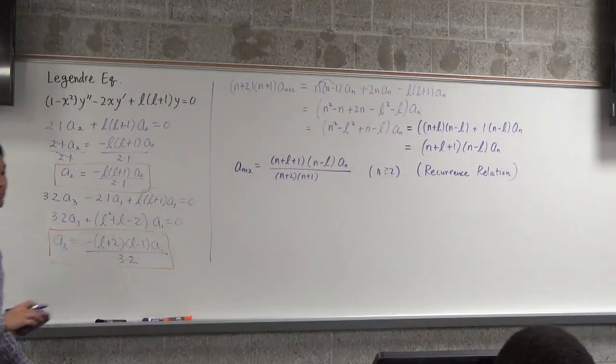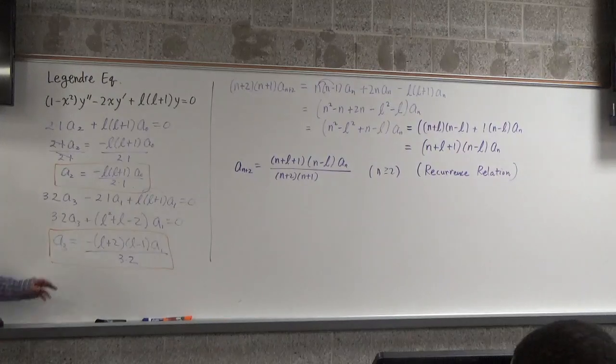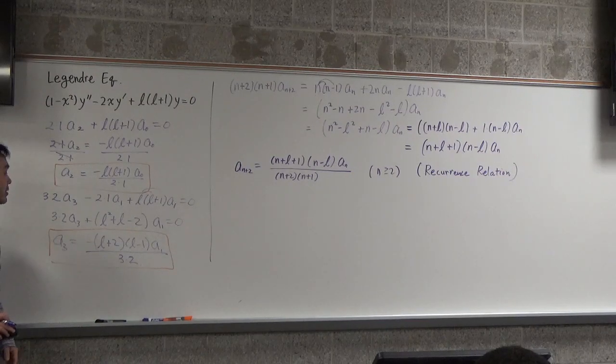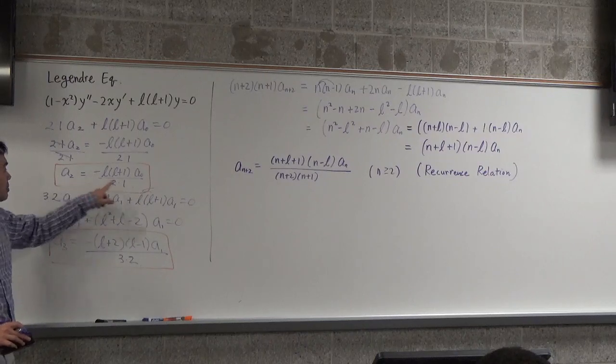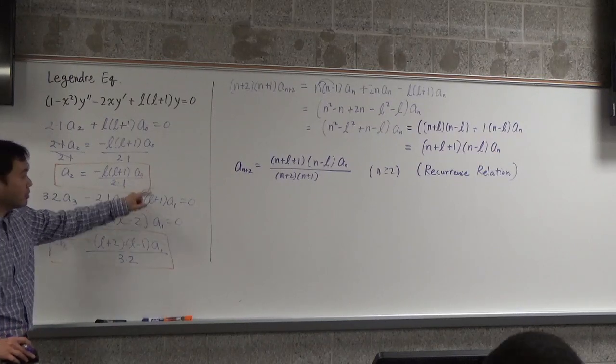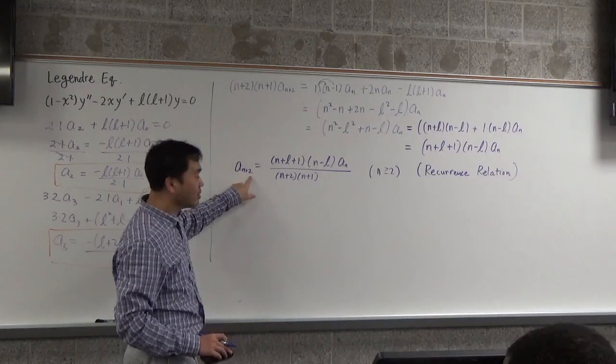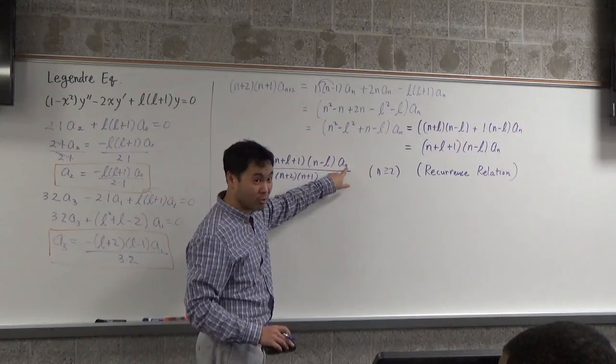All right. But we're not done yet, because we still need to use the recurrence relation to figure out what a4, a5, a6, and so on and so on. Now, notice that a2 depends on a0. And if you plug in 2 here, then a4 depends on a2, right?